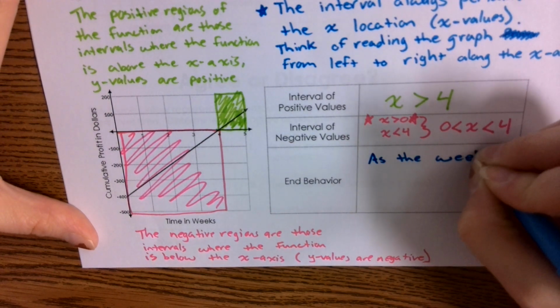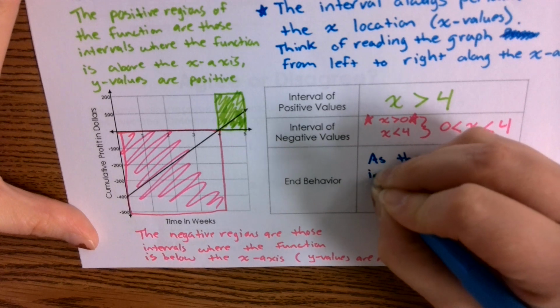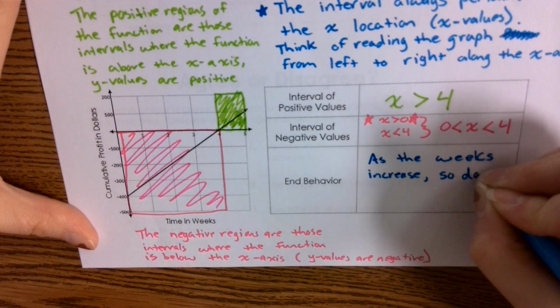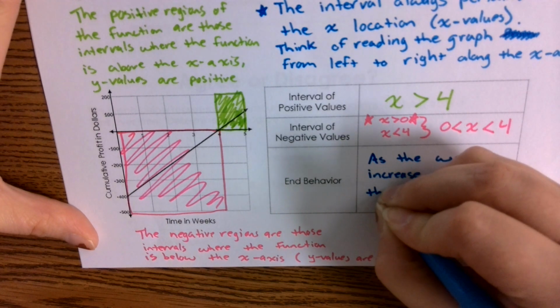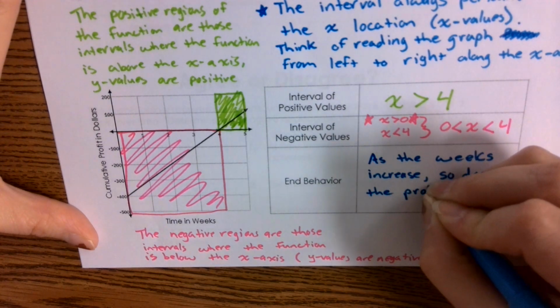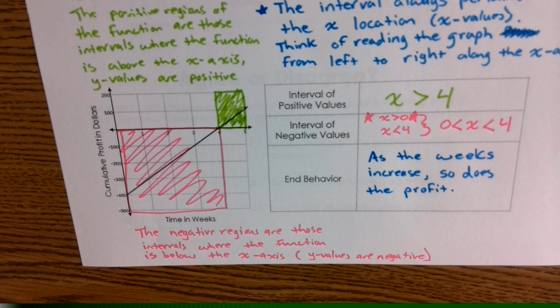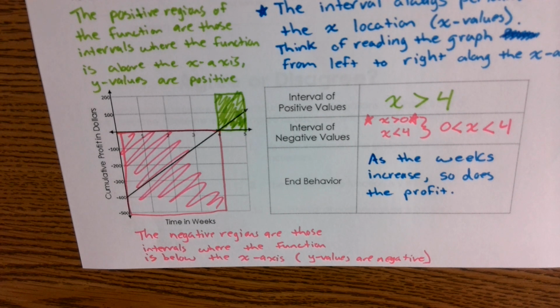So as the weeks increase, so does the profit. As the weeks are increasing, so is the profit. All right, go ahead and flip that on over to the back once you've gotten that written down.